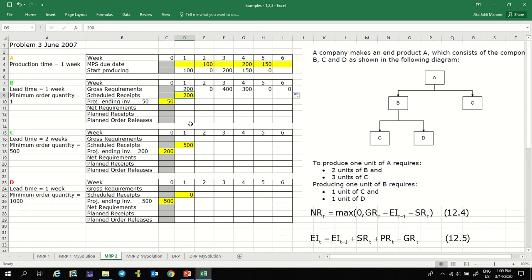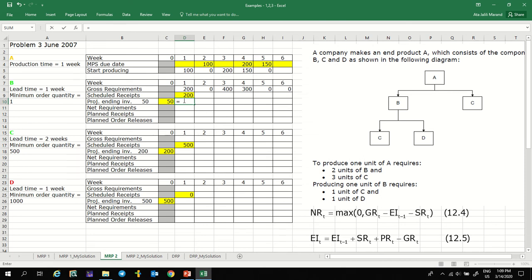There are 200 units already scheduled in week 1, and there are no other scheduled receipts in the other weeks 2 to 6. So we can move to the next part, in which we will calculate projected ending inventory. For projected ending inventory, we will use this formula, as you may know.